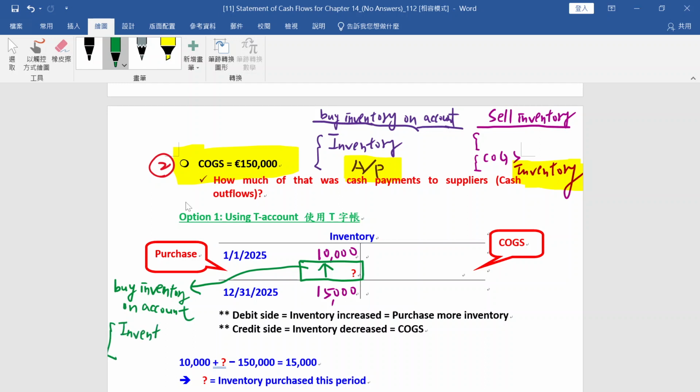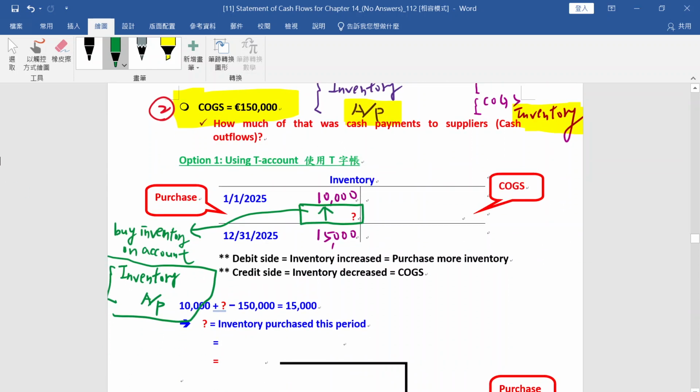Debit inventory, credit accounts payable. So your inventory increases when you buy inventory on account.